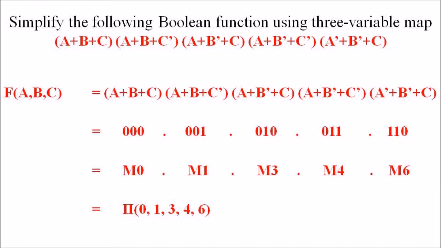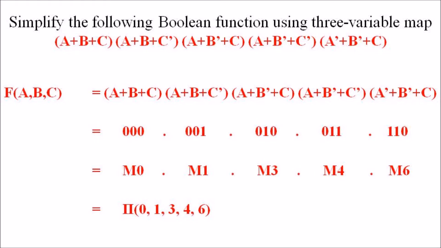That is, a variable is represented as binary 0 and a variable complement is represented as 1 in the max term representation. So a + b + c is 000. 001 means a + b + c'. A + b' + c can be represented as 010. A + b' + c' can be represented as 011. A' + b' + c can be represented as 110.